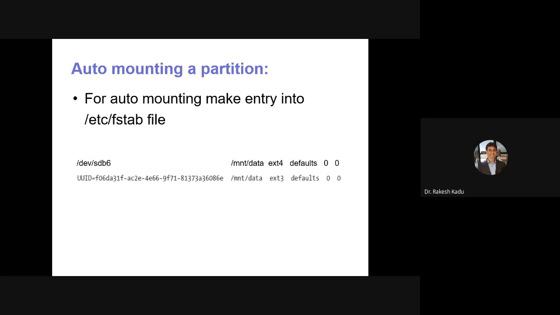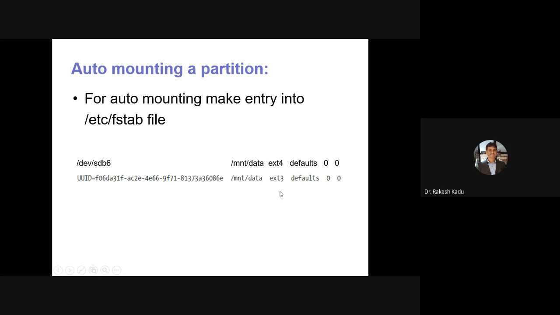And for auto mounting, we use the fstab file. In the fstab file, we make an entry where we specify the UUID, that is the universal unique ID, of the partition, the mount location, and the partition type, and we save that file.